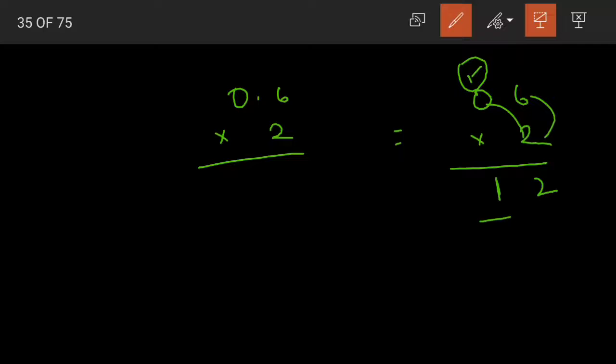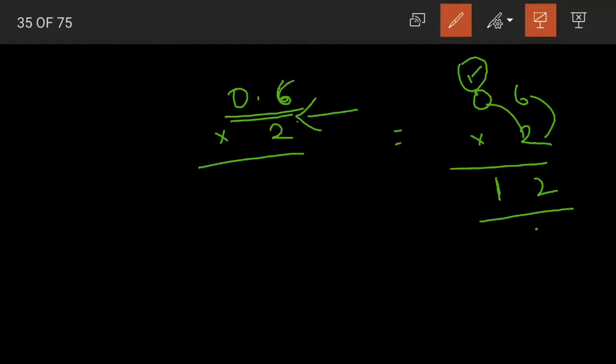Yes, but the answer is not simply 12 here. If you look at the question, we are having 0.6. If you remember, children, about decimal numbers, while counting the number of digits before the point, we should count from the right side.